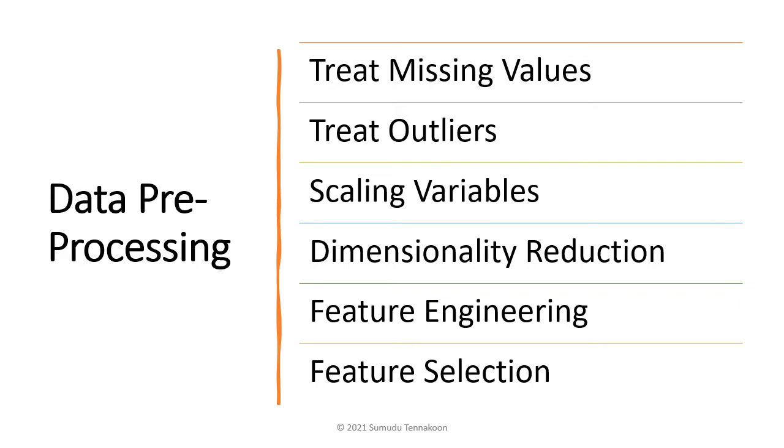And feature engineering and feature selection. We can say feature selection is a part of feature engineering as well. This is a technique you can use in feature engineering. It can be used to create new features, modify existing features, transform them, and derive new features out of your data set, which you never had in the original data set, right?